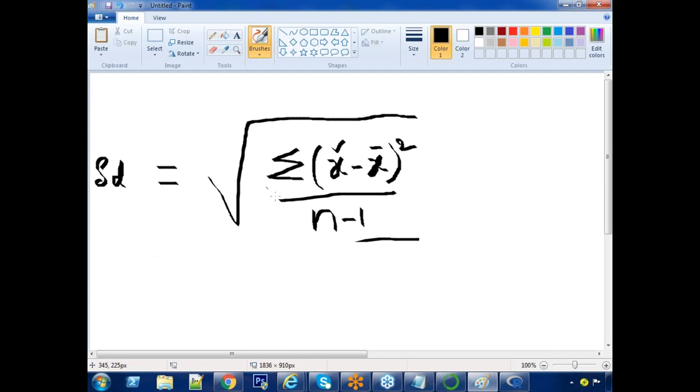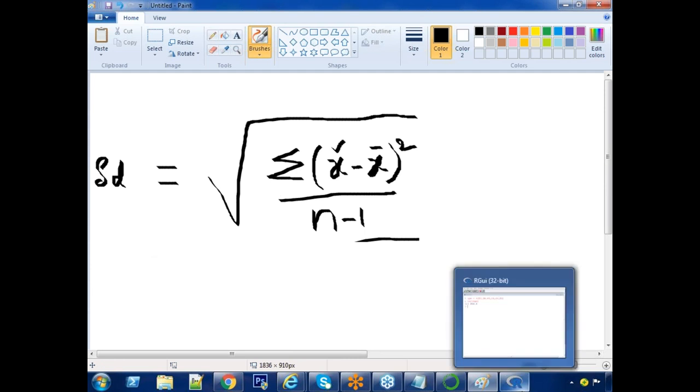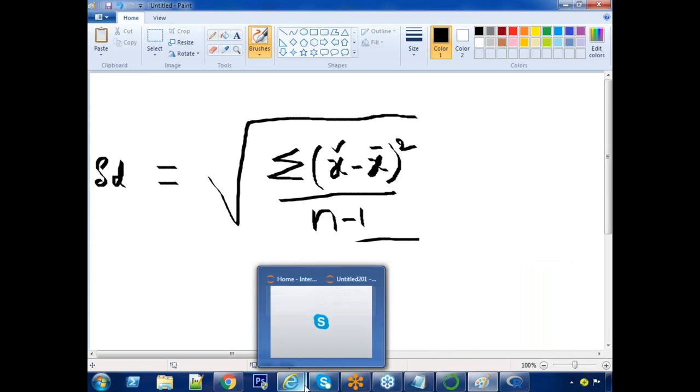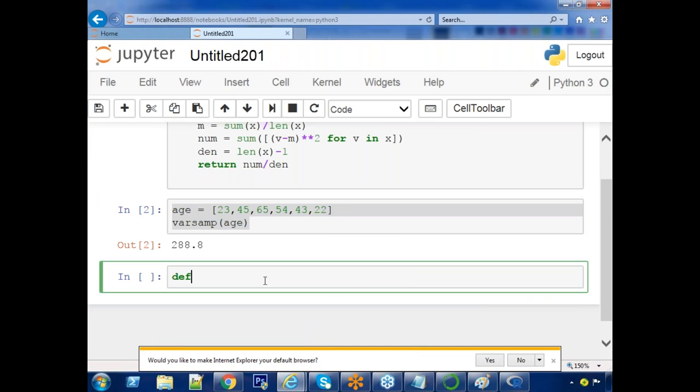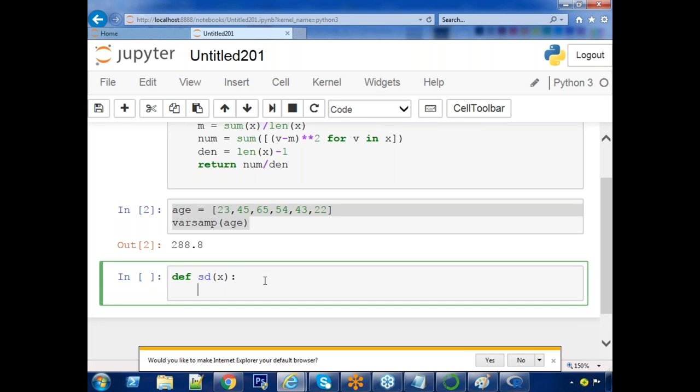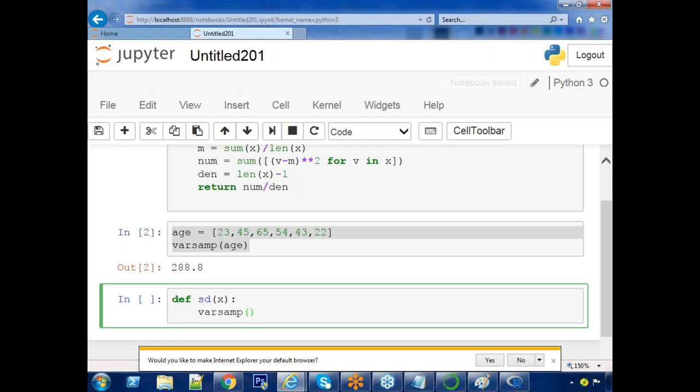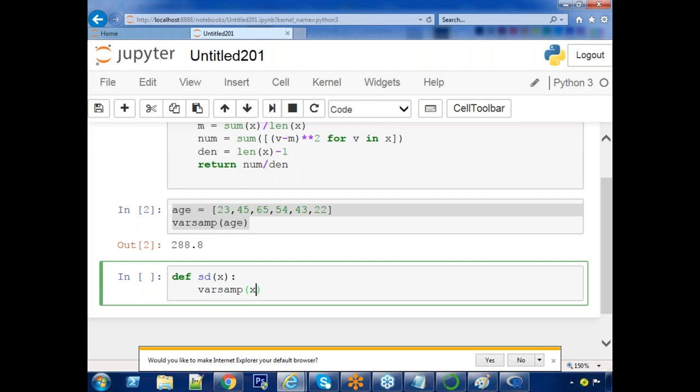So what might be the code change for standard deviation? Def SD. The same list I am going to pass into this one. Already we have a function var_samp, right? We can call one function from another function. var_samp of x returns variance.